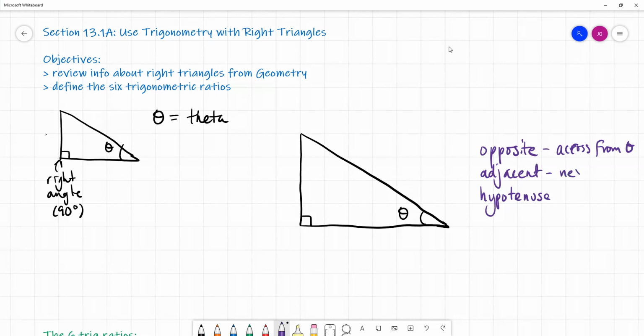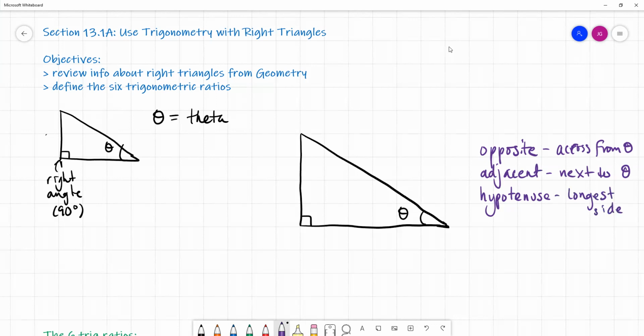Adjacent means it's next to theta. These aren't really looking like thetas. I want to redraw them. Sorry. There we go. That's a lot better. And then the hypotenuse, it's just the longest side.